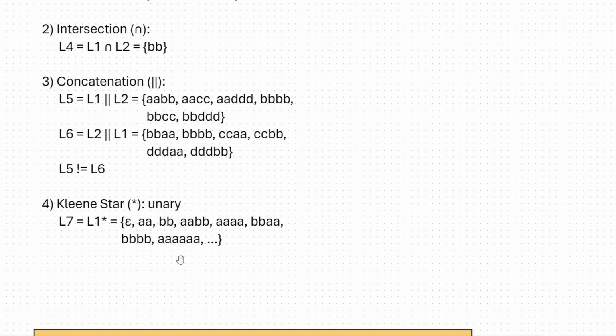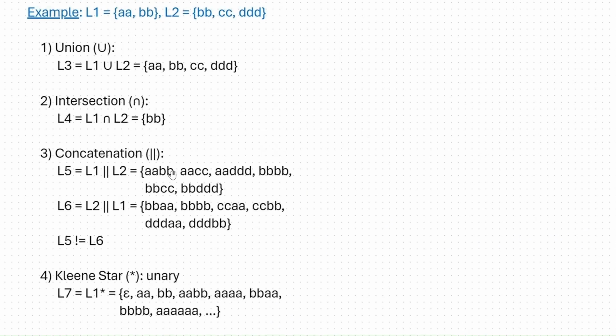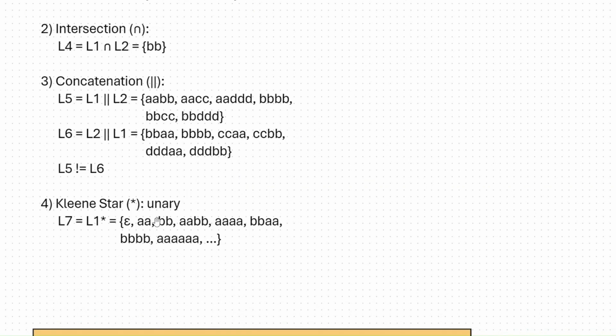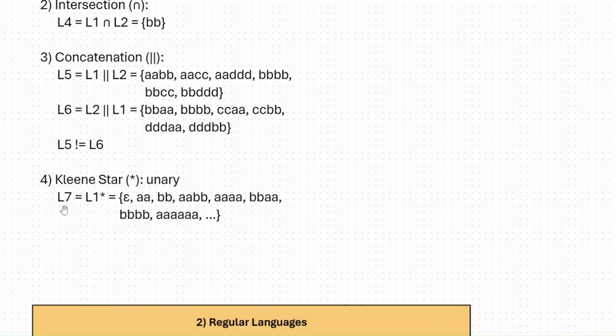And finally, the Kleene star operation. Unlike other operations, Kleene star operation is a unary operation, which means it is applied just on one language. Let's say language 7 is Kleene star of language 1. Kleene star means basically 0 or several occurrences. But it can also be 0 occurrence, which means basically empty string.